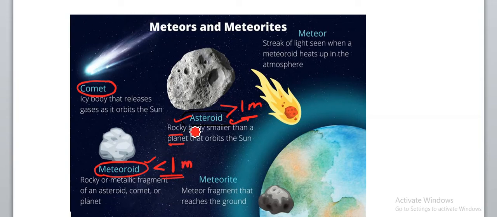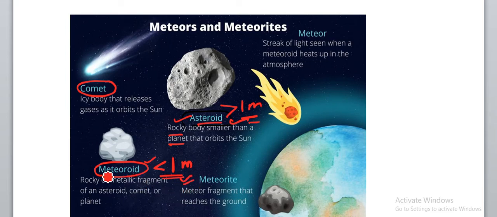So this is the basic difference, the size.